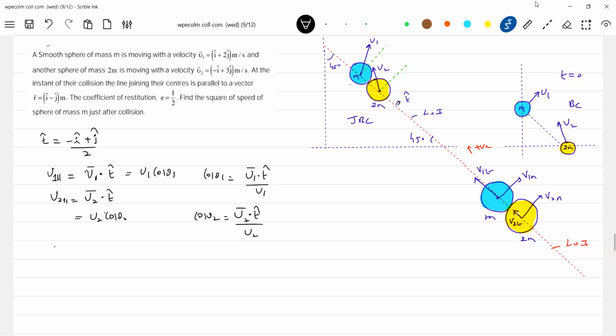So after getting this, now I can define u1 perpendicular. This direction is perpendicular, this direction is parallel. u1 perpendicular will be u1 sin theta 1. So what we know is cos theta 1, so from that I can bring the sin theta 1. Similarly, u2 perpendicular will be u2 sin theta 2. Okay, agreed. Shall I write directly?